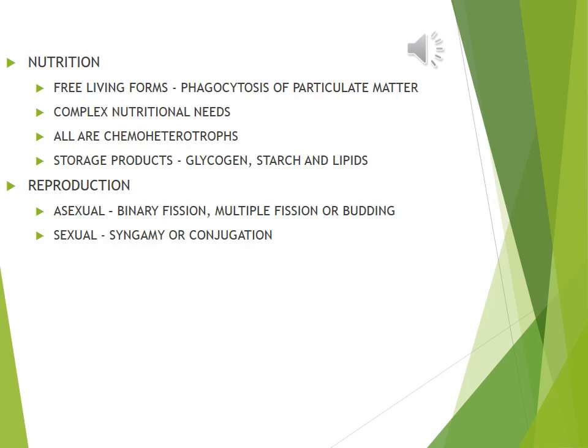Cytoplasm is differentiated into two types, ectoplasm and endoplasm. Ectoplasm is the outermost layer which is a gel-like substance, and endoplasm is the inside layer, which is voluminous and fluid in nature. All your structures are present inside your endoplasm.